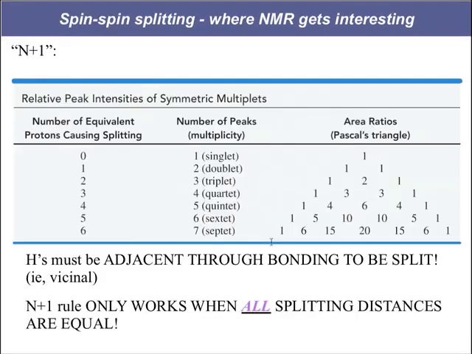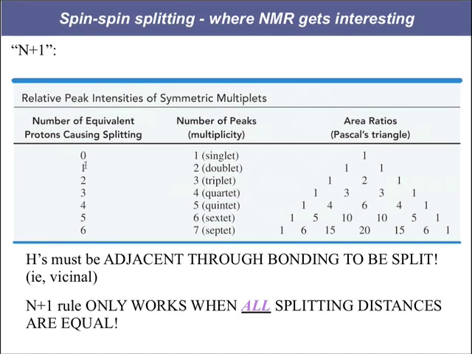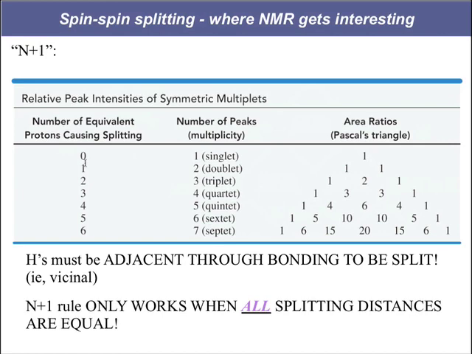We call this the N+1 rule, meaning that if a hydrogen is next to 0, if it's next to none, it's going to be a singlet. If the neighbor is 1, we have one neighbor. That neighbor could be up or down. That's where we got our doublet, and they were in a 1-to-1 ratio.